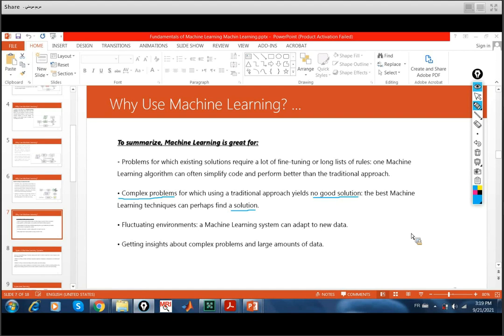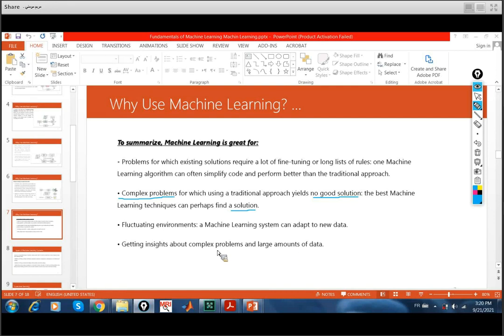We feed data to machine learning. Then they themselves consider all the data without any error. We see the machine learning system can adapt to new data and get insight about complex problems and large amounts of data.